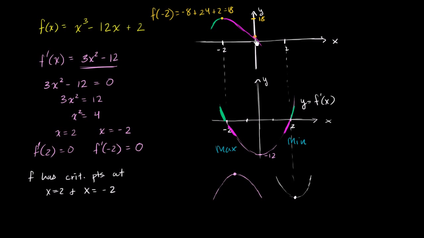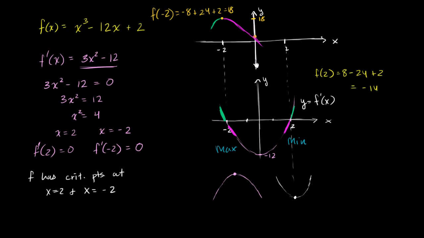And then as we approach 2, we are approaching another critical point. Now, what is f of 2? f of 2 is going to be equal to positive 8 minus 24 plus 2. So this is 10 minus 24, which is equal to negative 14. So let's say that this is the point negative 14 right over here.